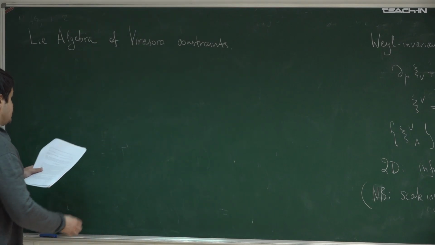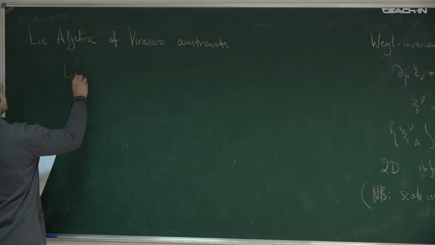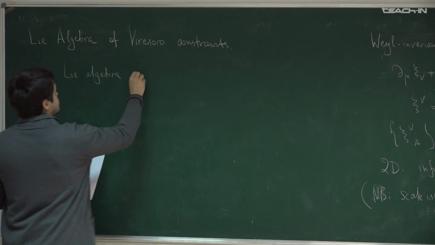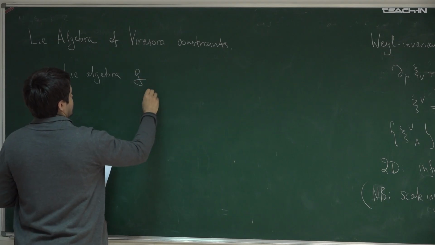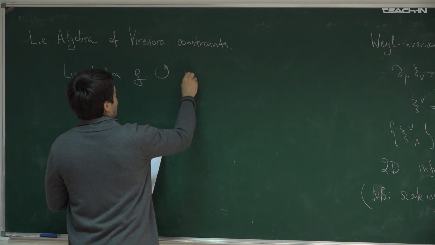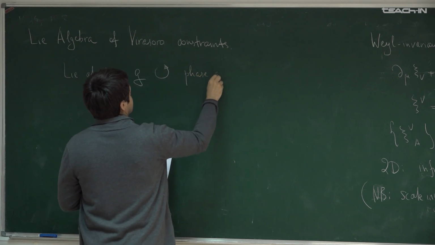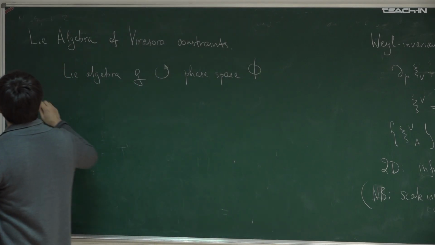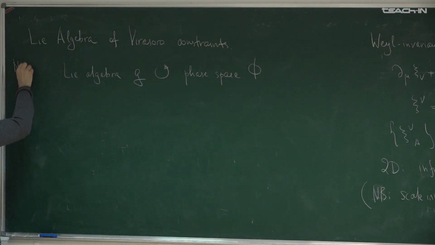So you have some Lie algebra G acting on the phase space. This is Noether's theorem.